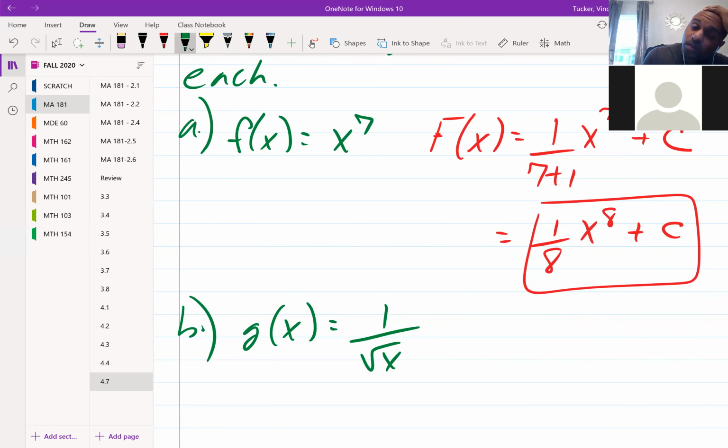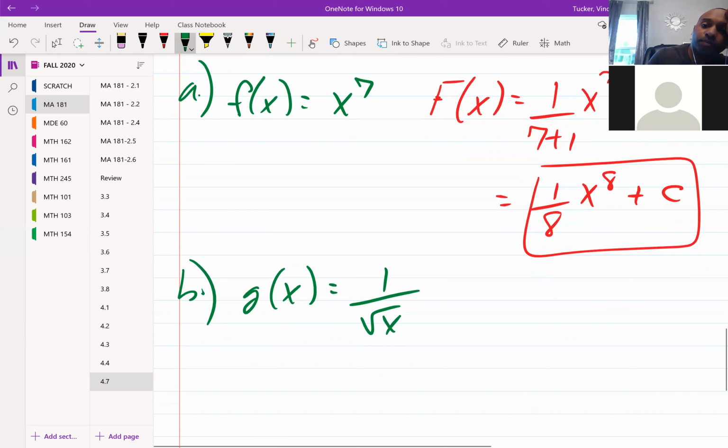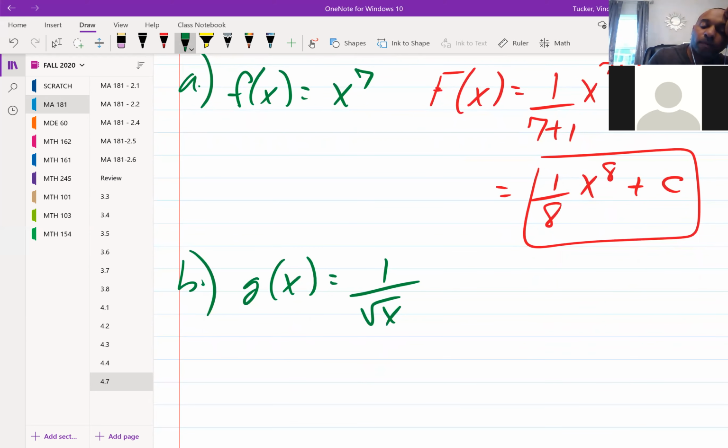All right. g of x is equal to 1 over the square root of x. What I would do is rewrite this as 1 over x to the 1/2, which also is x to the negative 1/2.